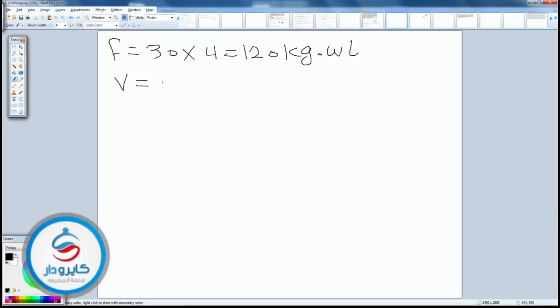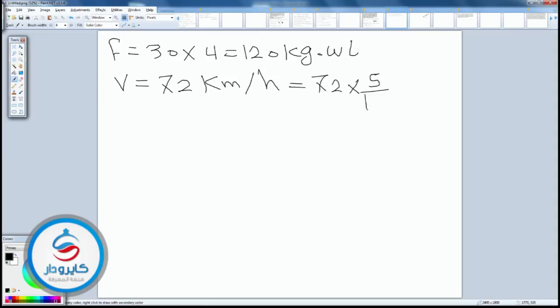V equals 72 kilometer per hour equals 72 by 5/18 equals 20 meter per second.